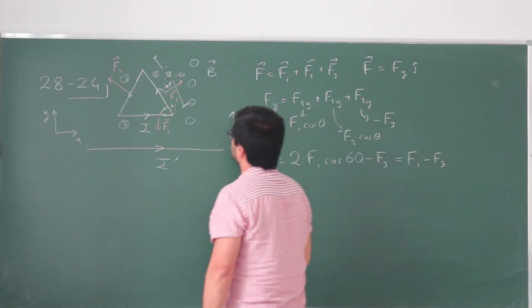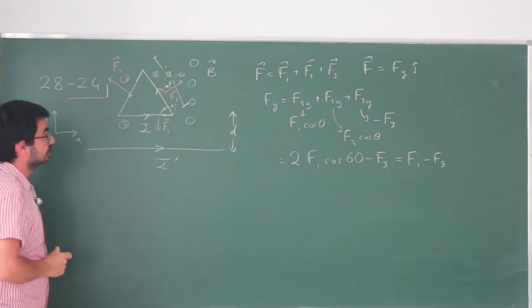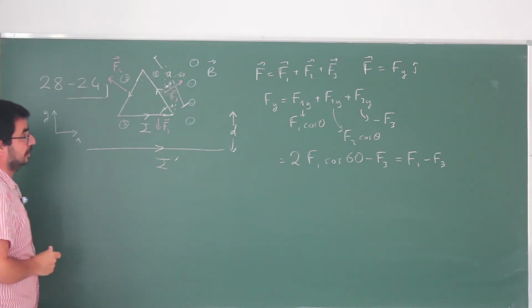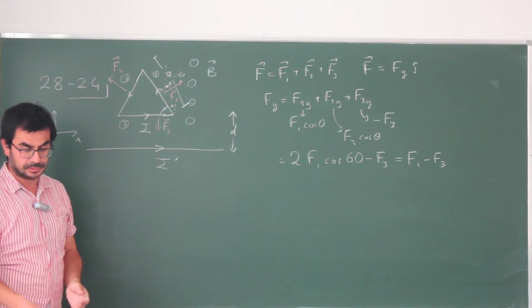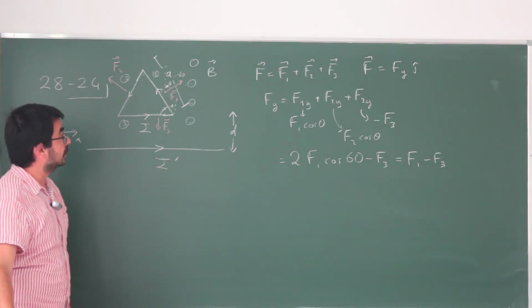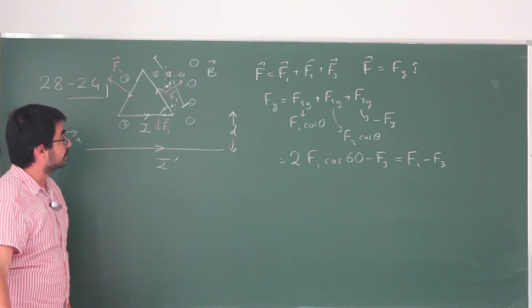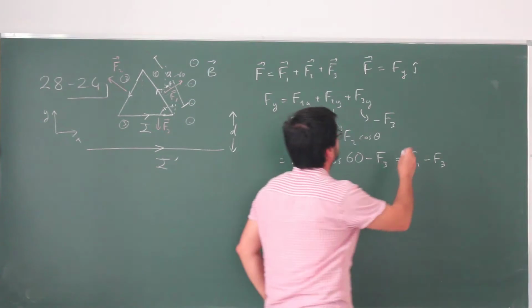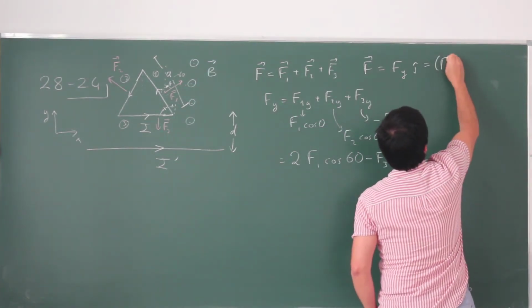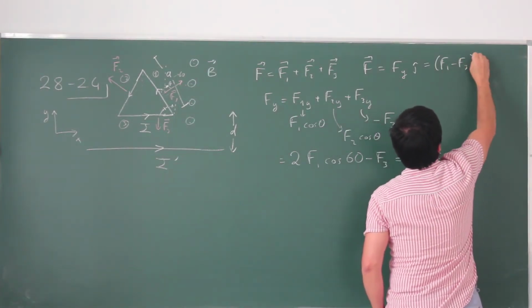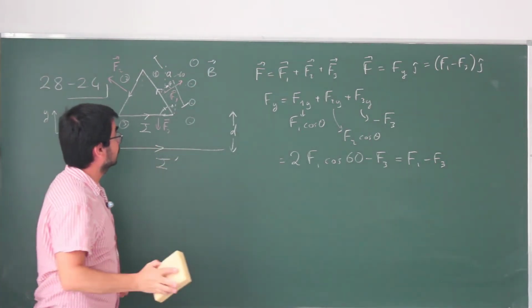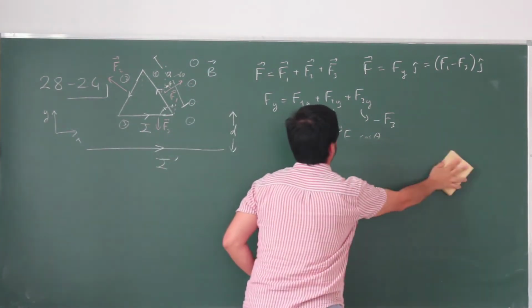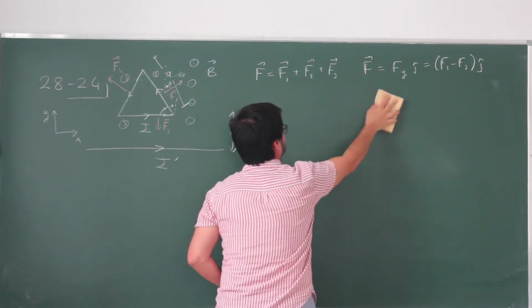Okay? So we need to calculate the magnitude of these two forces and then take their difference. Okay? I mean, there is no deep reason why this final expression looks so simple. It just came out that way in the algebra. Okay? So let's write it this way. This is F1 minus F3 times j hat. Okay. So let me now erase this because I will need the room to make the calculation.